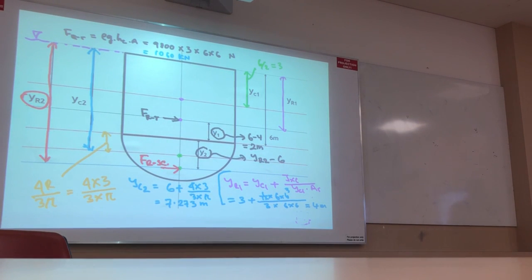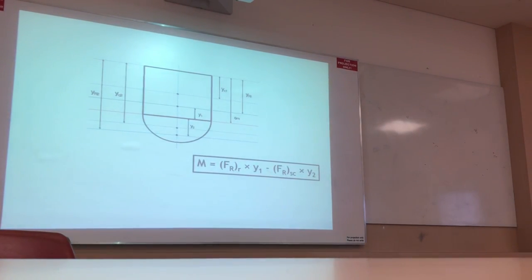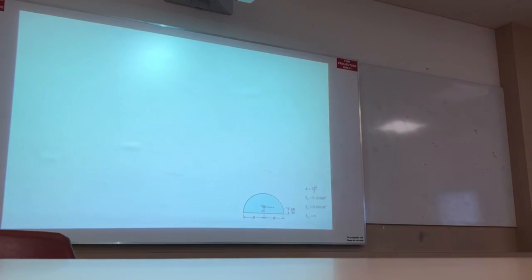So I need to find yr2. This is very important. Right? So I have to go to the next slide. Can I go? Alright. You see? In the next slide, how to find?